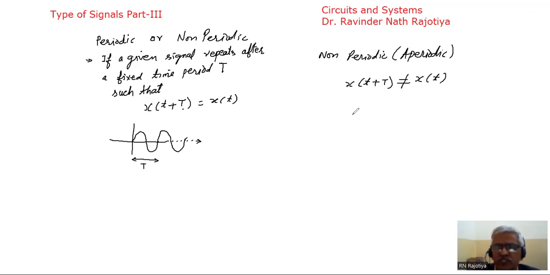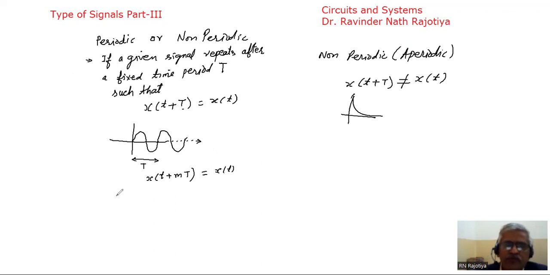An example of a non-periodic signal can be a pulse of this type. This is a non-periodic pulse. Whereas a waveform such as the sine waveform is a periodic waveform. In general, we can also write x(t + mT) = x(t), where m is an integer.